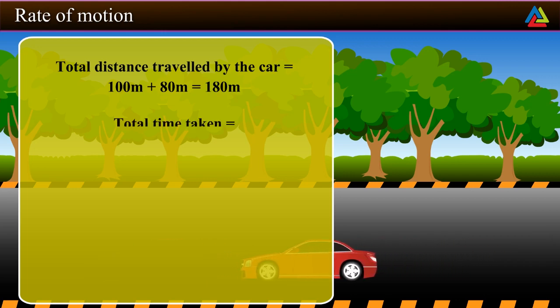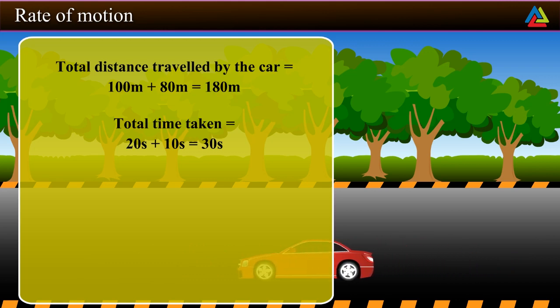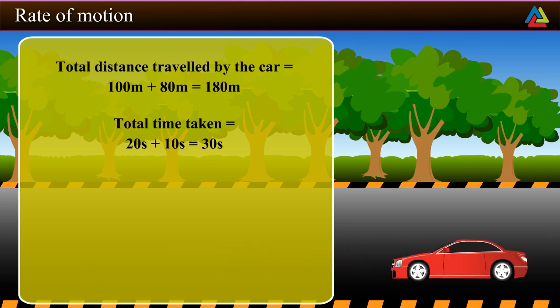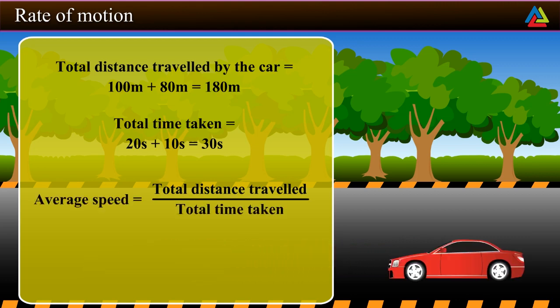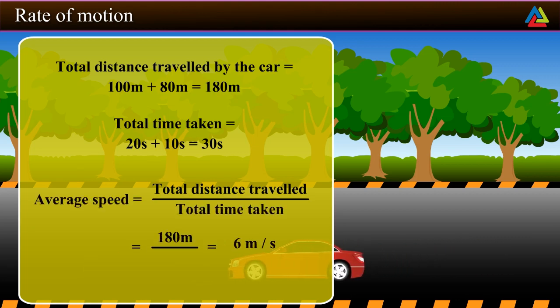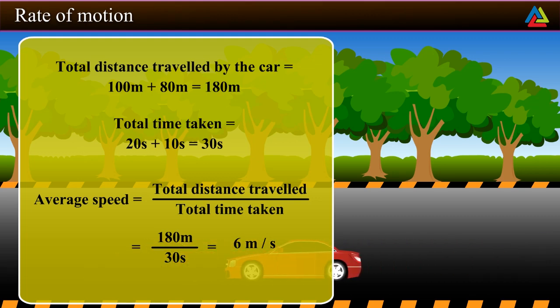Total time taken is 20 seconds plus 10 seconds, which is equal to 30 seconds. Average speed is equal to 180 meters upon 30 seconds, which is equal to 6 meters per second.